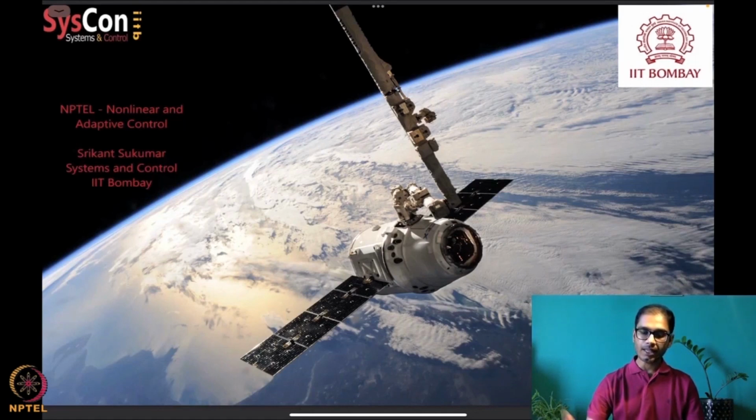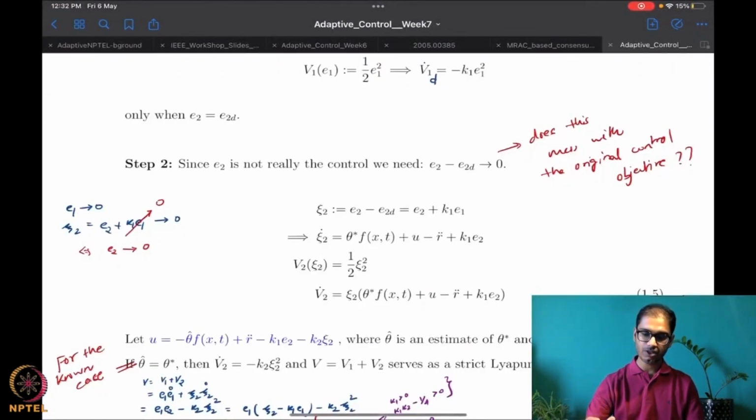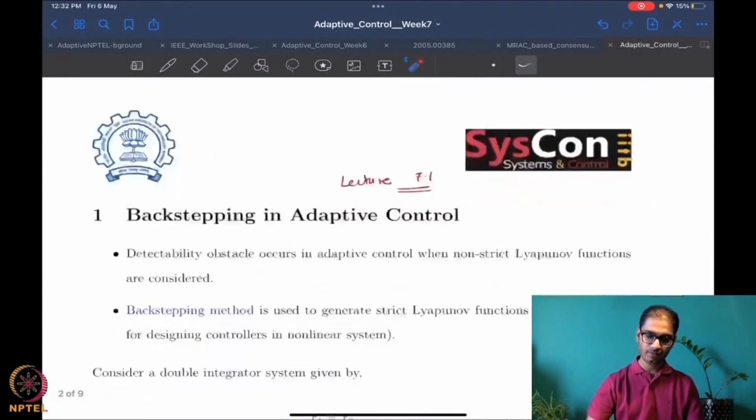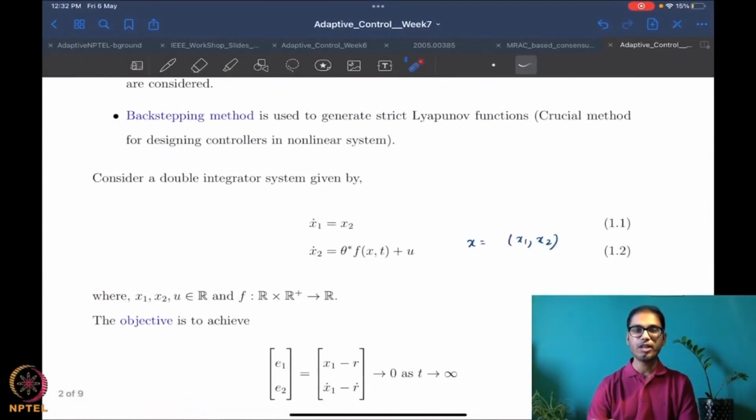What we were doing in the previous session was we had just started looking at backstepping in adaptive control. As a first step, we had introduced the problem setup, which is still an adaptive control type problem setup.